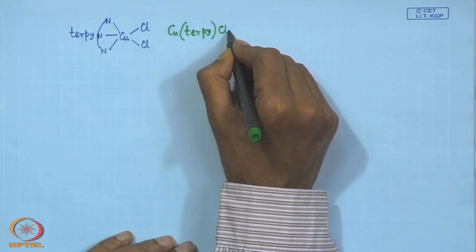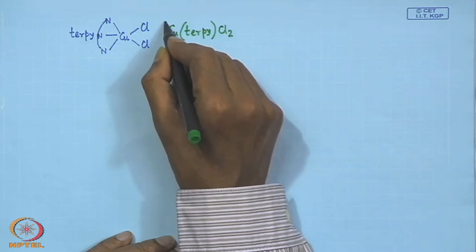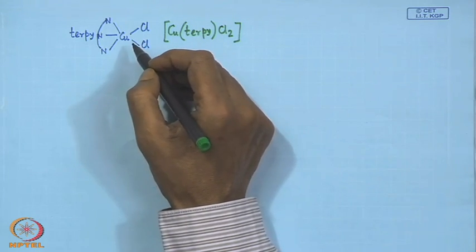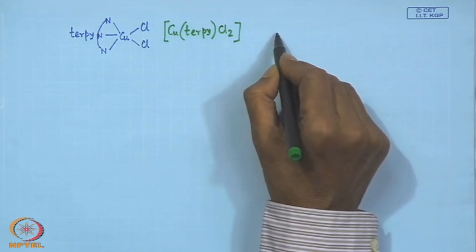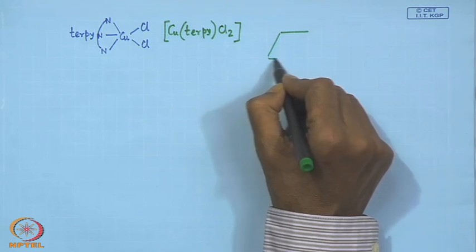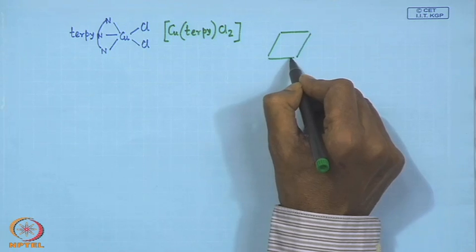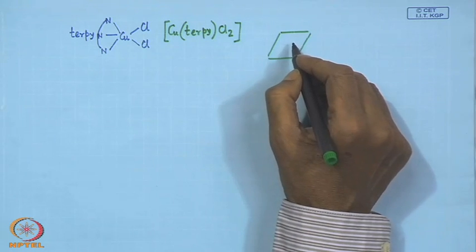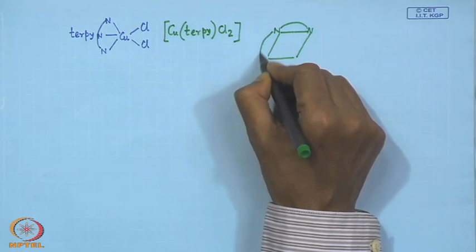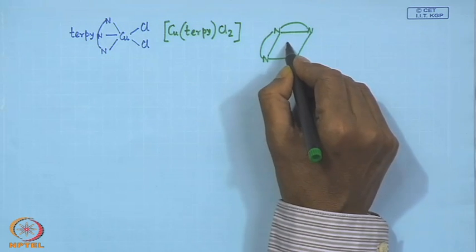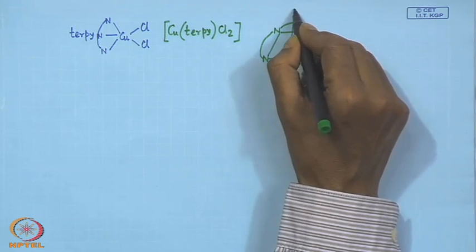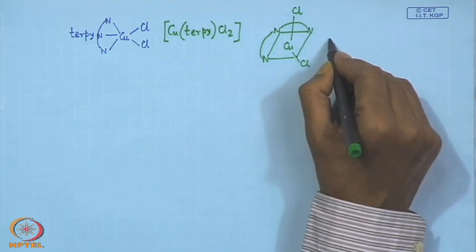The structure of this molecule is completely different, because in palladium or any other square planar molecule the nitrogens bind through these points, and with copper this is the Cl and this is another Cl. So, it is square pyramidal.